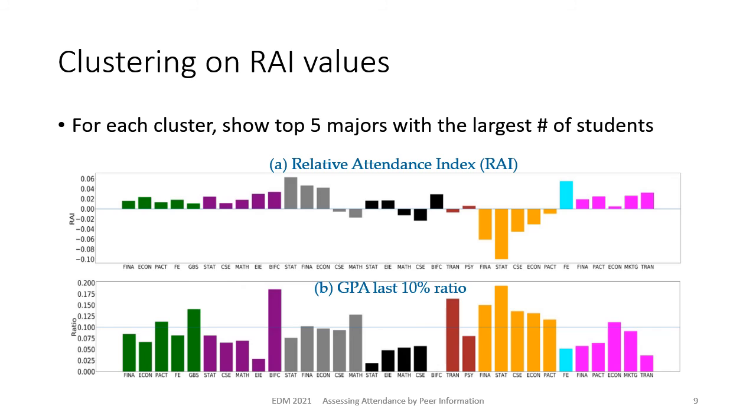The highest RAI major is bioinformatics, which is a new major and has a relatively small enrollment. When students select majors or switch majors, this result can help them to reduce the probability of getting low performance.